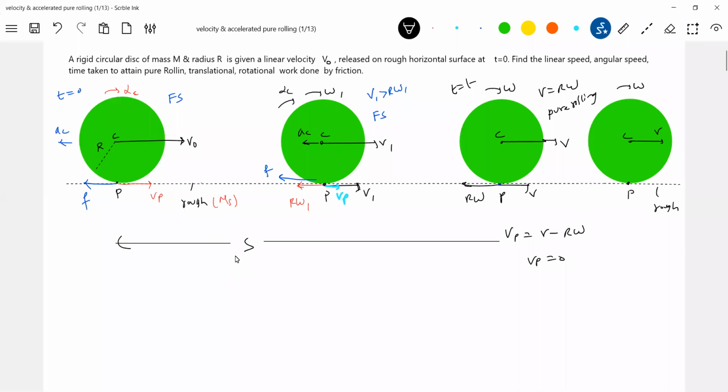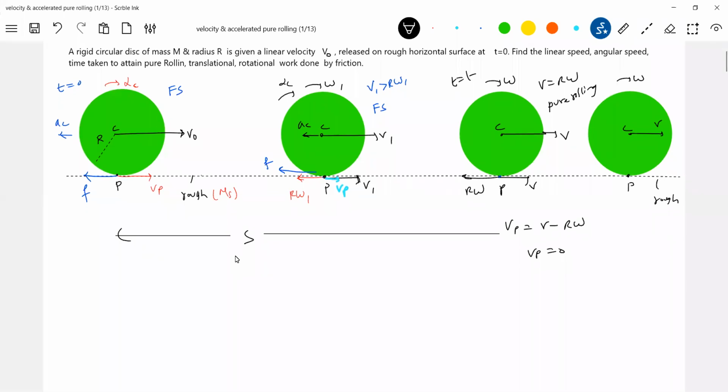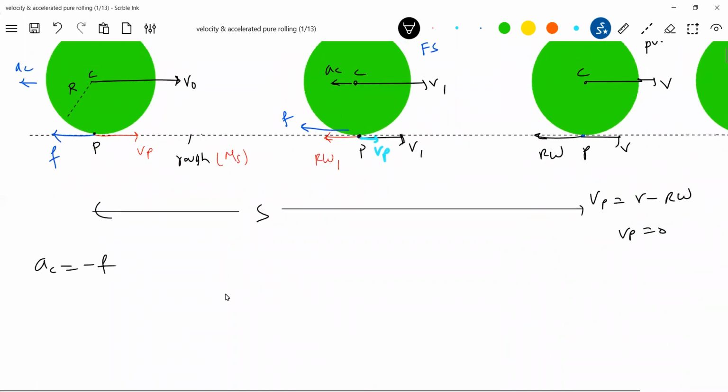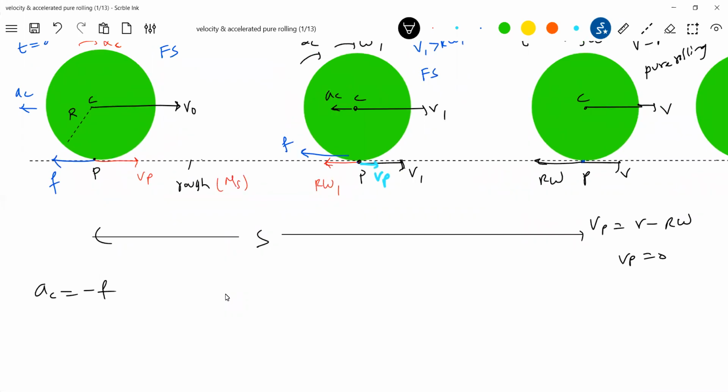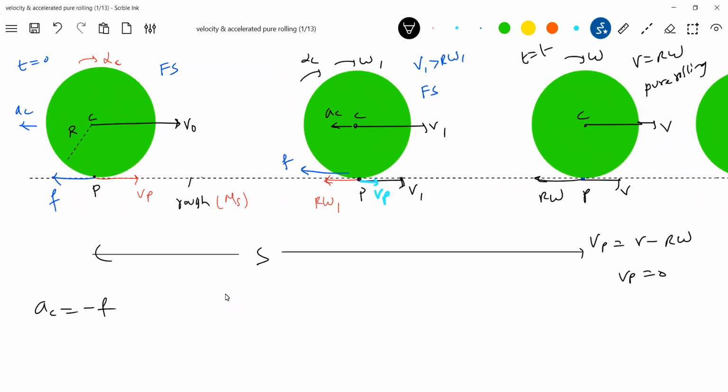Okay, let's get into the things that we know. Now, what is this friction? Acceleration, shall we write, minus F by m. Why minus F by m? Let me end up everything in one problem.